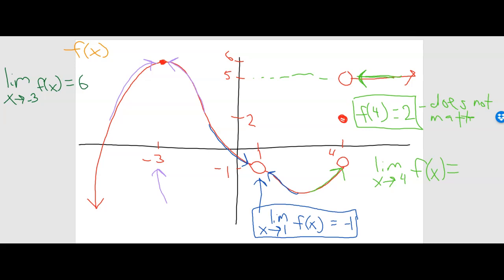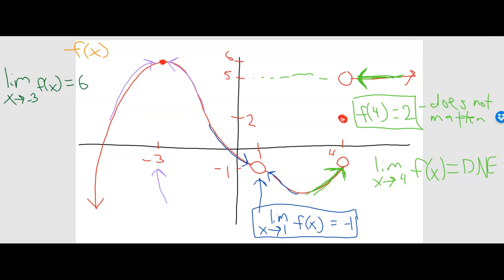Because as I've mentioned before, for a limit, we are not concerned about what the value of the function actually is. That is irrelevant. What we are concerned about is what the function is approaching. So the function's approaching -1 from the left-hand side. The function's approaching +5 from the right-hand side. Because those values are not the same, this limit does not exist.